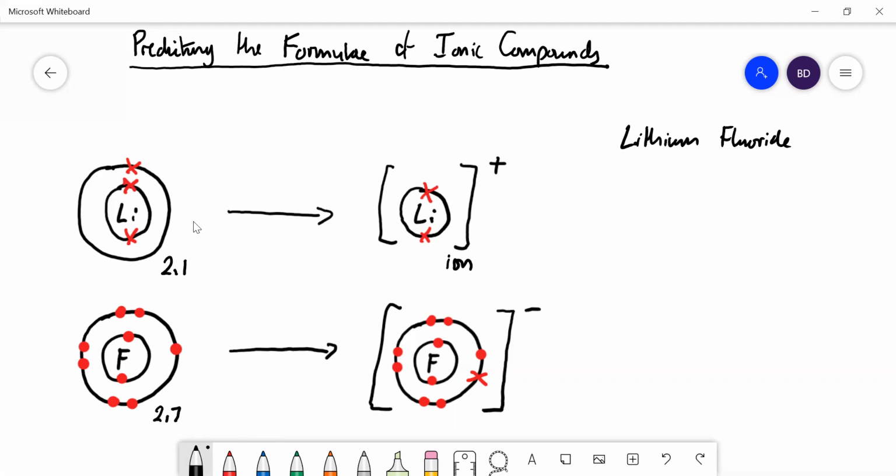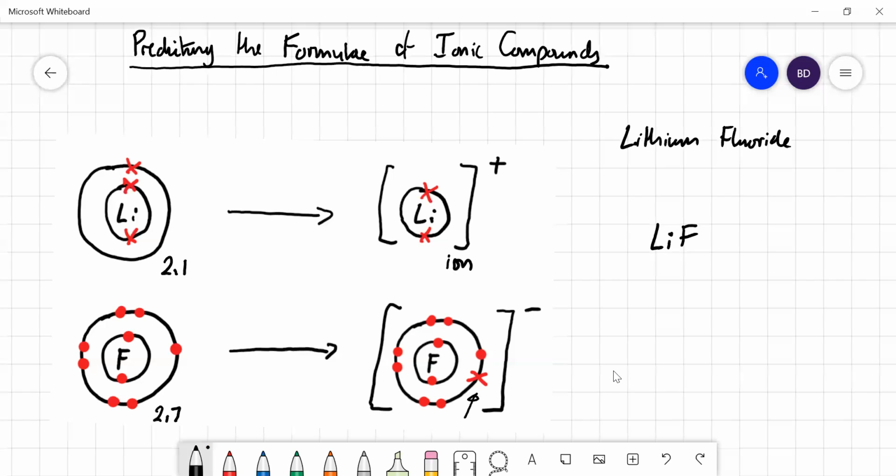It's going to gain that electron from lithium, to gain a noble gas electronic configuration, which makes an F single minus ion. So you need one lithium for one fluorine, so the formula is simply LiF. It's a bit like sodium chloride, where there's one electron being transferred.